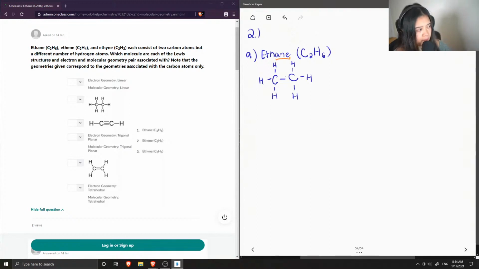Okay, so this is the structure of ethane, all with single bonded hydrogens. Now if we analyze this Lewis structure, judging by the central carbon atoms, we see that there are 0 lone pairs, and we have 4 bonded atoms.